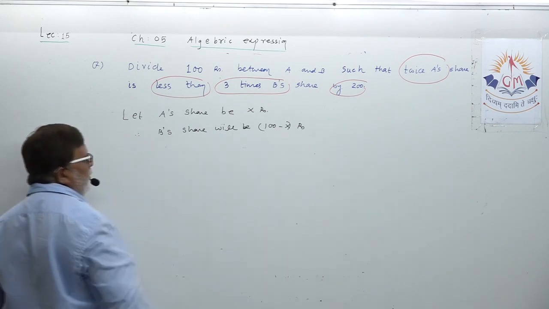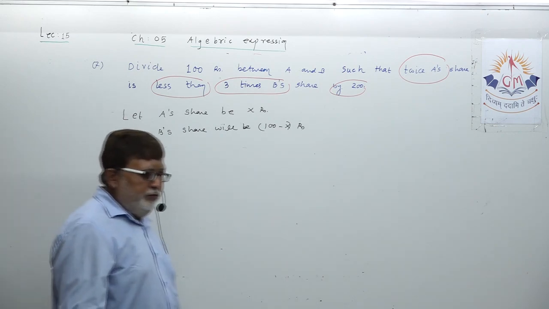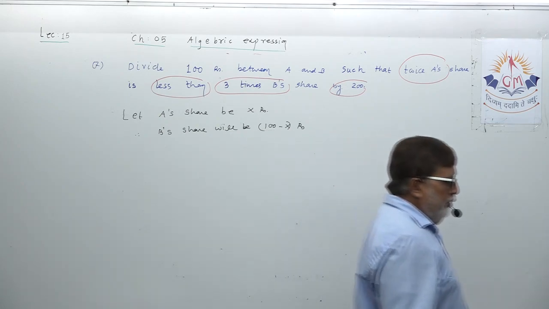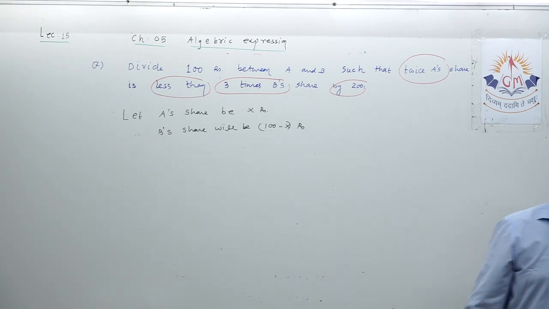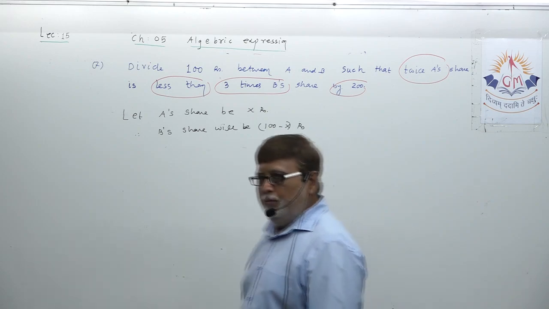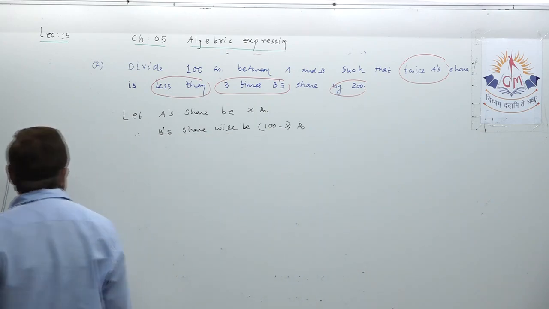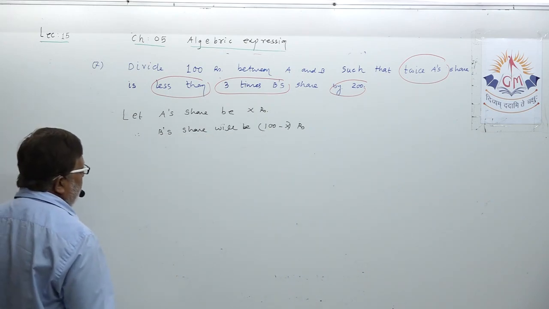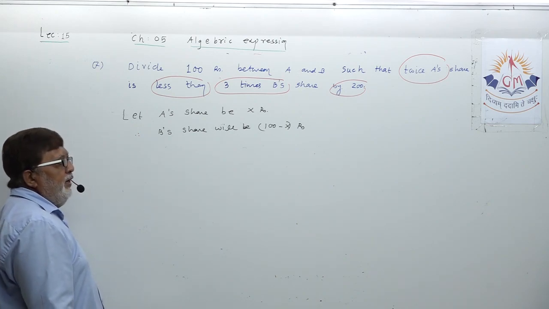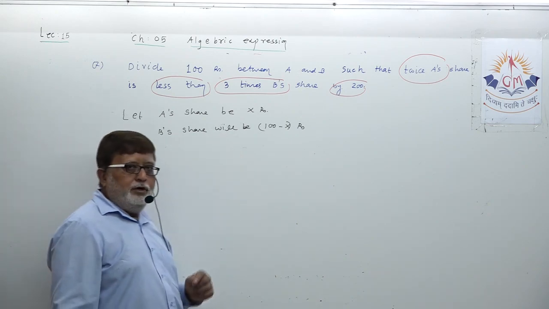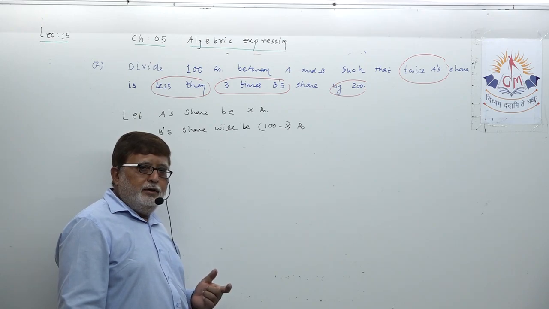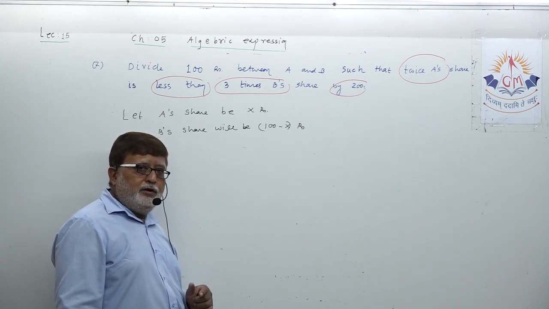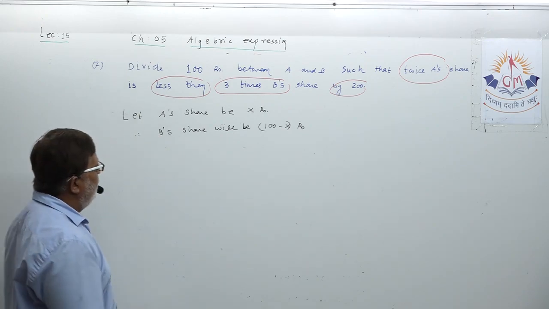That you can understand, dear student, because you just have to distribute 100 rupees between A and B. So if A is getting X, obviously B is going to get 100 minus X, because whatever share is got by A is to be subtracted from 100, that is the share of B.